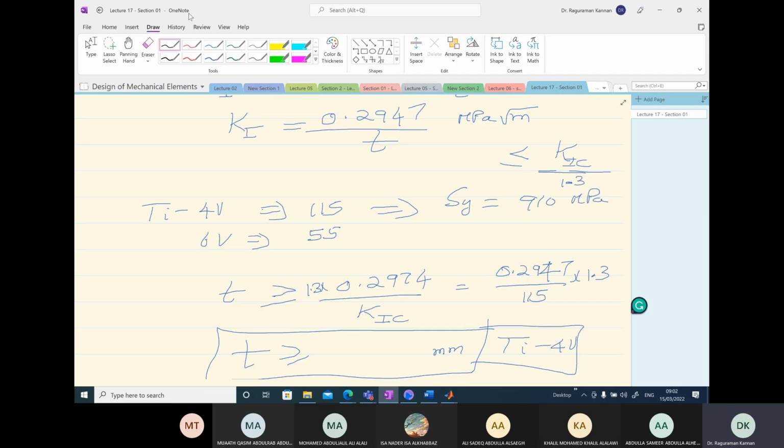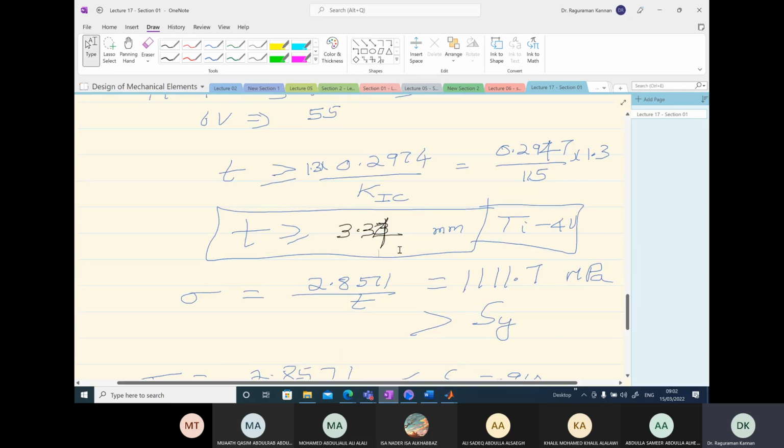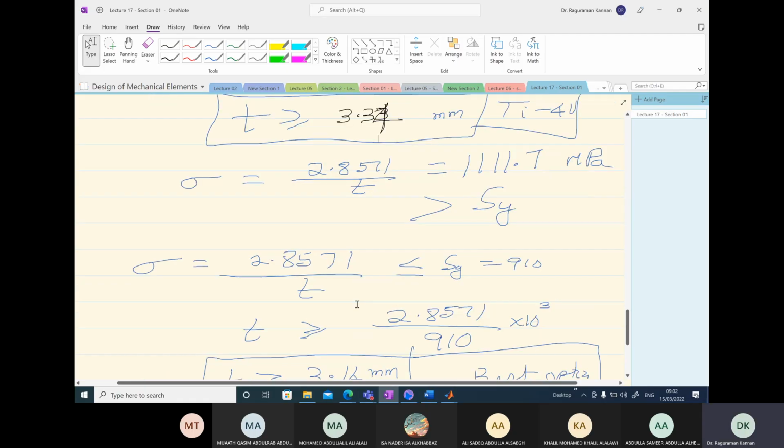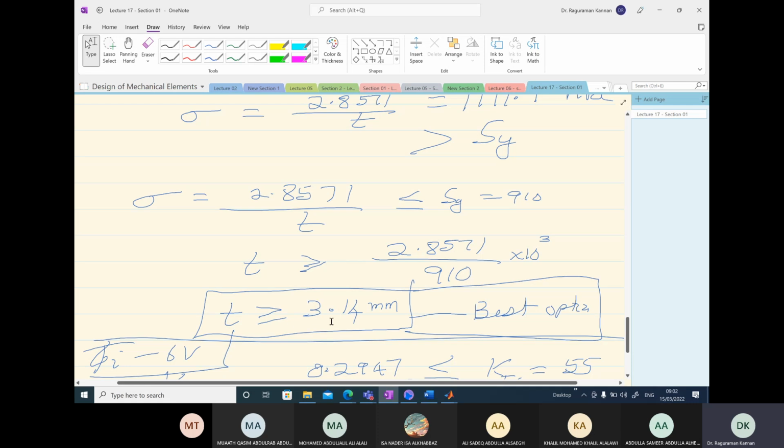So here the result must be 3.33. No, so just 3.34. We can assume 3.34. That should have been the thickness with the particular value, 3.34.